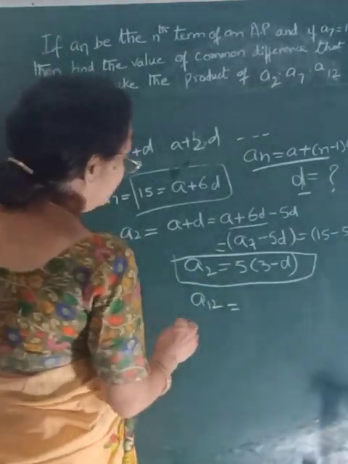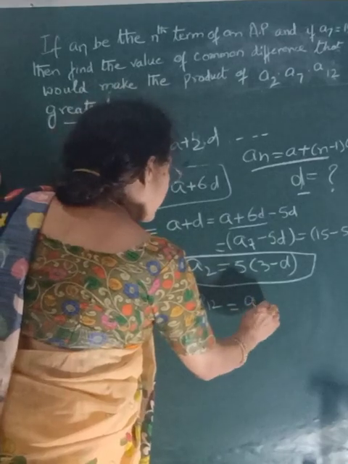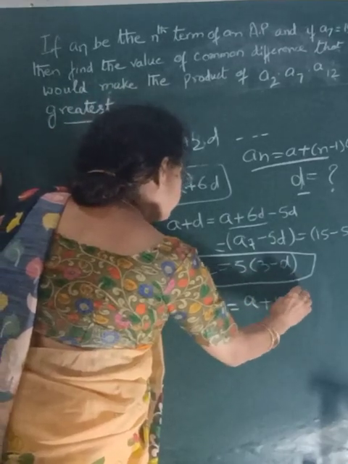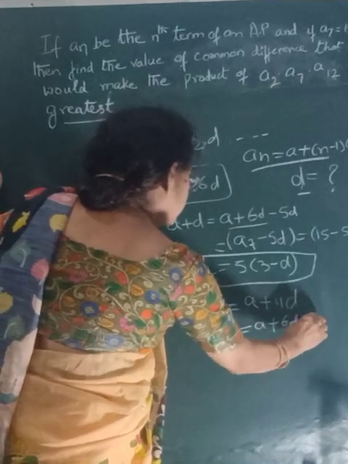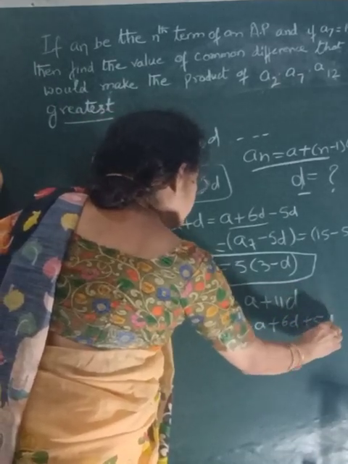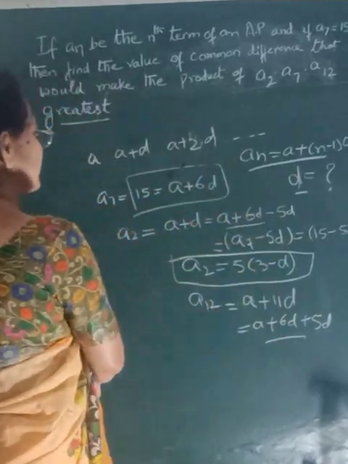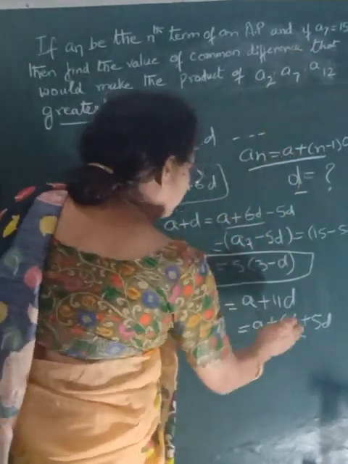Now A12 can be written as per formula A plus 11D, that is A plus 6D plus 5D. Now A plus 6D is equal to A7, and A7 is equal to 15.